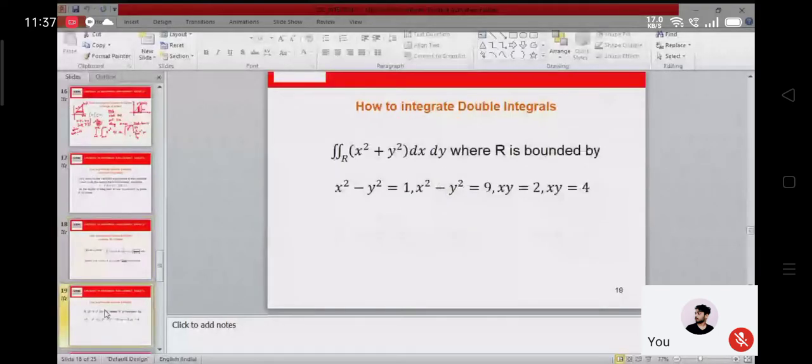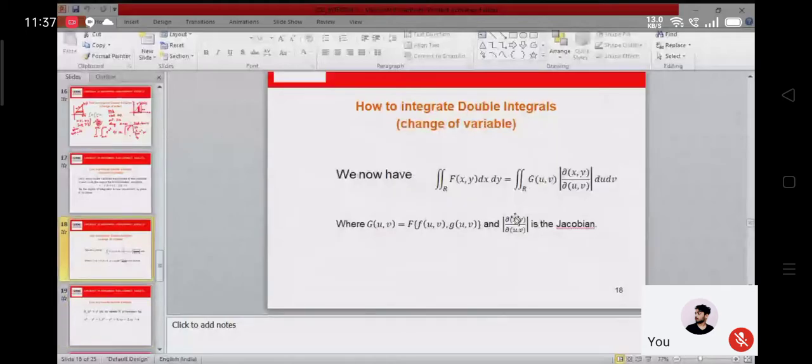Now this is the given original integral, and this will be the transformed one. What are the elements in the transformed one? du dv is understood. This one, del xy by del uv, this is the Jacobian. We know what Jacobian is. We have learned it in our first semester.